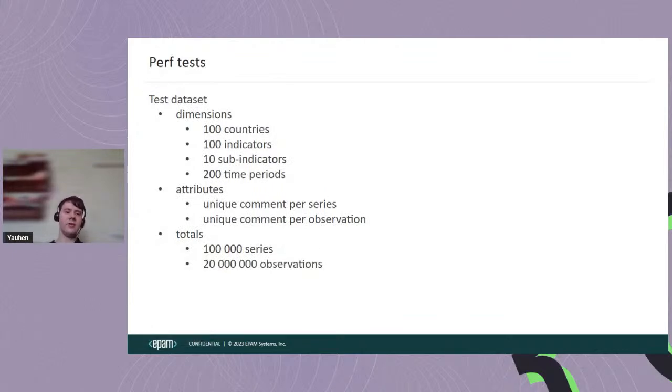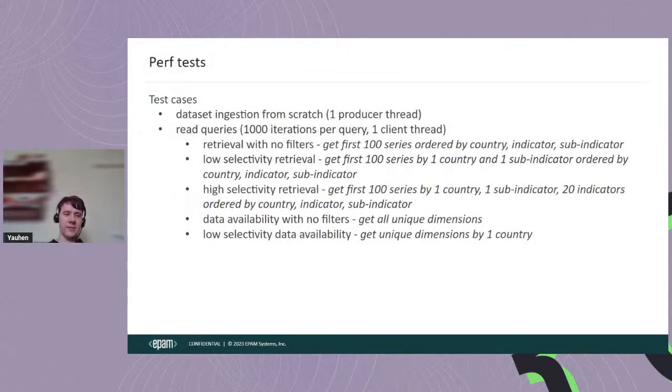As for the dataset size, I generated a data set which included 100 countries, 100 indicators, 10 sub-indicators, 200 time periods. On top of that, I added some attributes, and that totaled 100,000 series and 20 million observations. Pretty big chunk of data, actually. As for the test scenarios themselves, first of all, obviously, I had to ingest data to Neo4j, Postgres and Elastic.